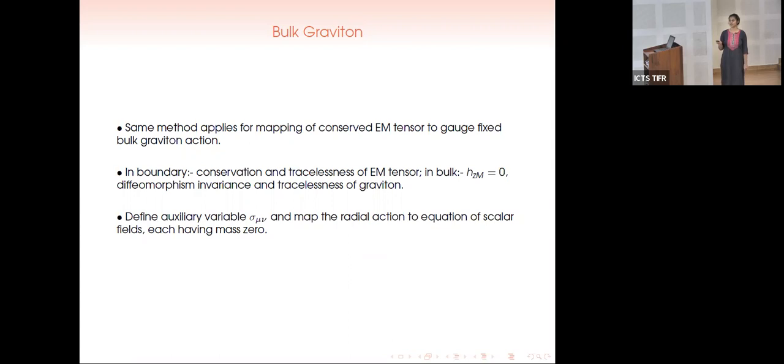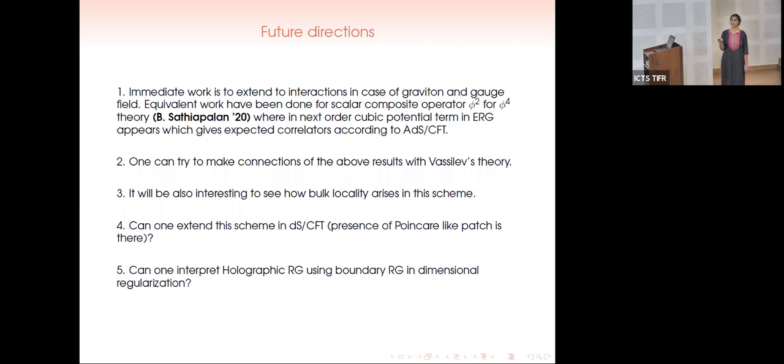In the bulk, we are choosing the gauge A_zM is 0, diffeomorphism invariance and tracelessness of the graviton. So here also one can define an auxiliary variable sigma mu nu and map the radial action to equations of scalar fields. Here each one will have mass 0. This is the same process. So here comes my future work.